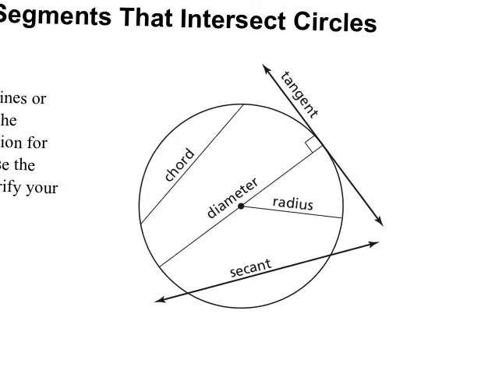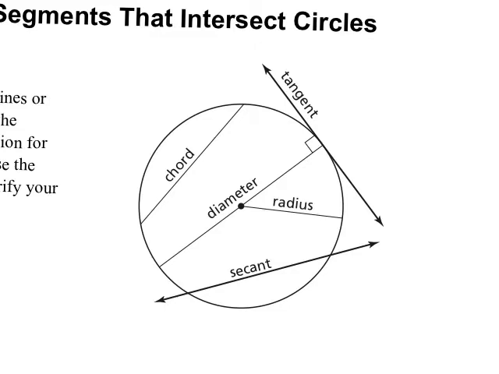Over here we have the chord labeled, the secant labeled, and the tangent labeled. I'm not worried about radius or diameter. I want you to talk about the difference between a chord, a secant, and a tangent.